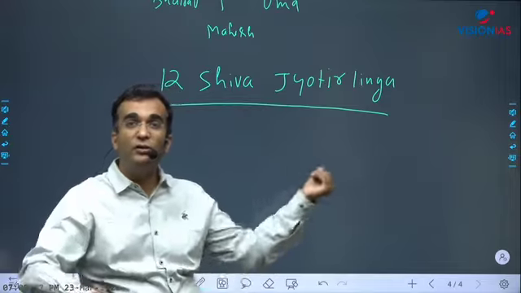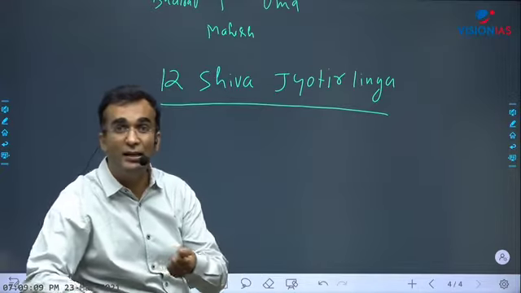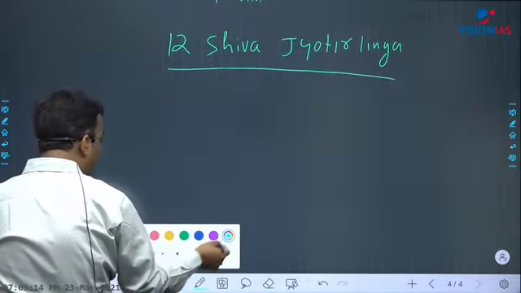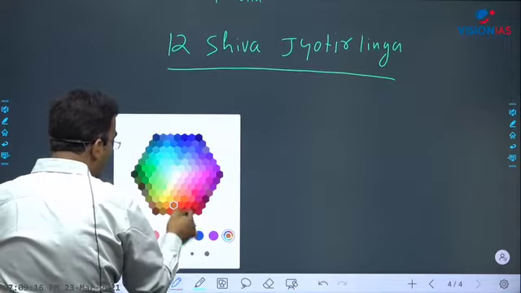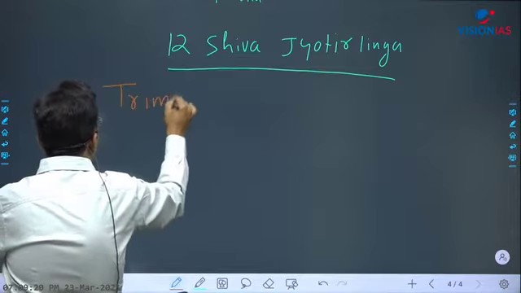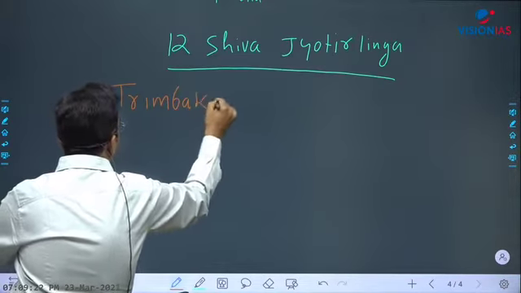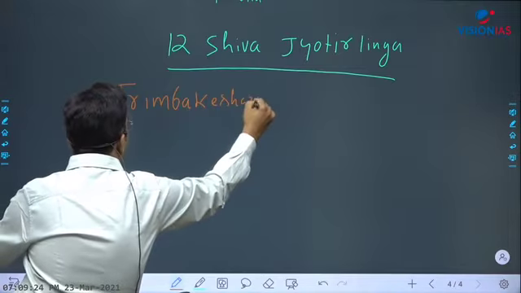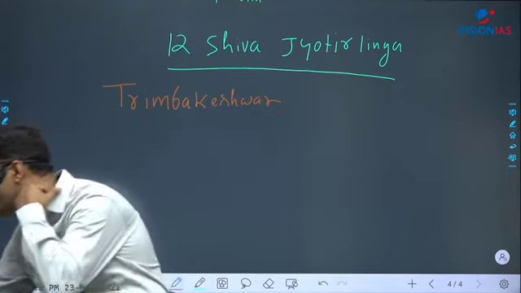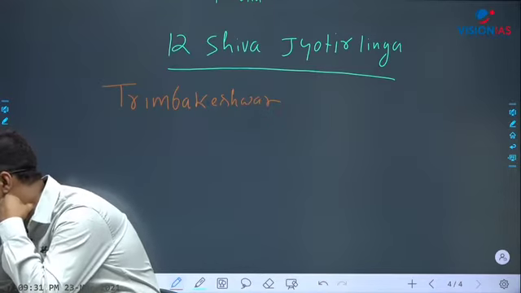Triambakam refers to Triambakeshwar, which is in Nasik. So the very first one I will mention here. Let's write it in the color of Triambak: Triambakeshwar.